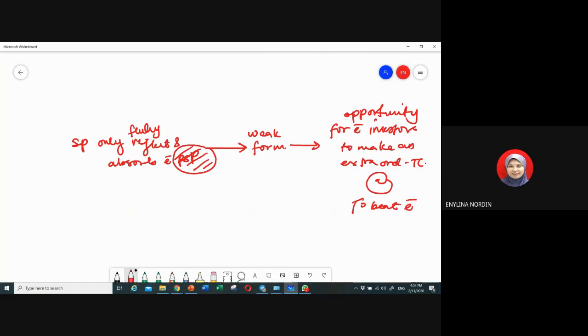That is what we meant by beating the market: making the extraordinary profit. Is there any possibility for investors to make an extraordinary profit? The answer is yes. There is an opportunity for investors to make extraordinary profit.